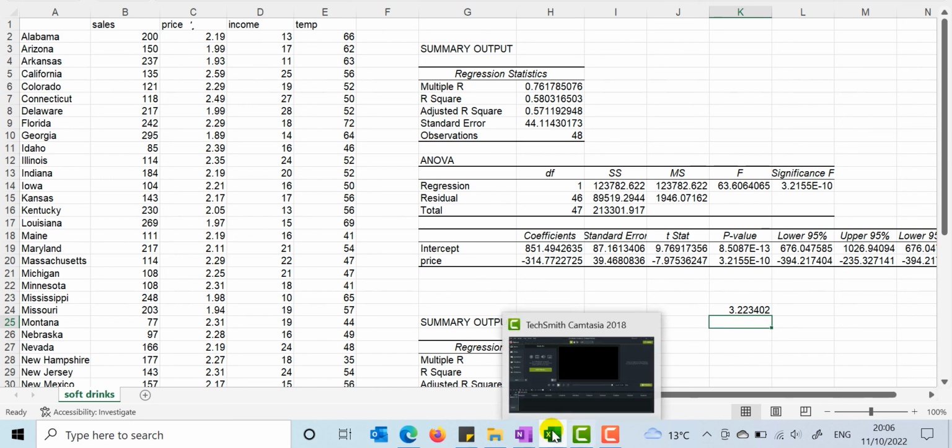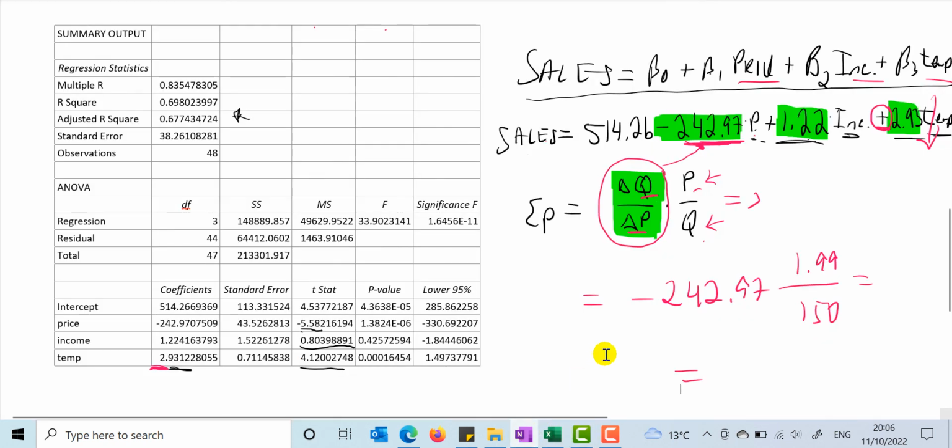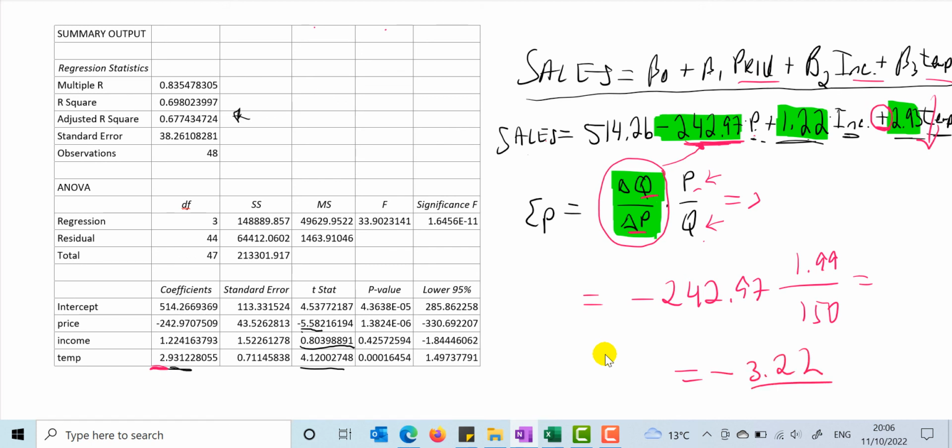That gives minus 3.22. That's interesting. In Arizona, this is the elasticity with respect to price for this product. So 3.22, highly elastic demand, isn't it? If price increases by 1%, quantity demanded will decrease by 3.22%. This is an interesting result.